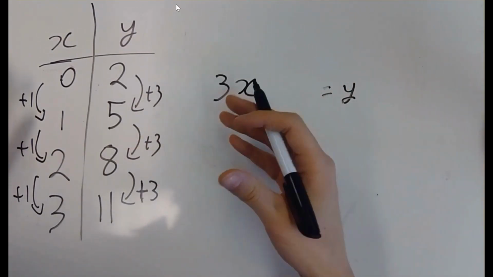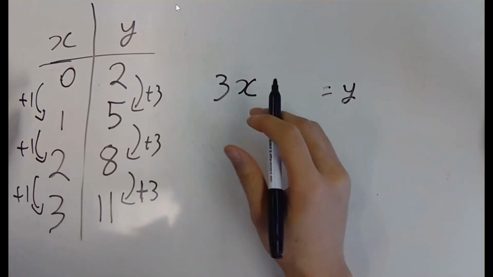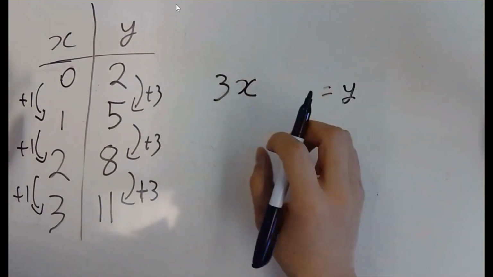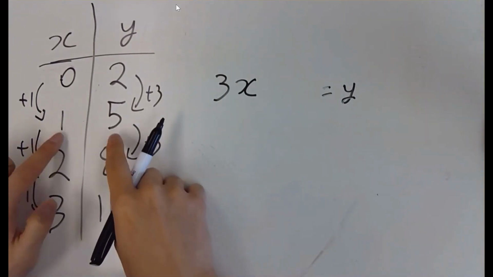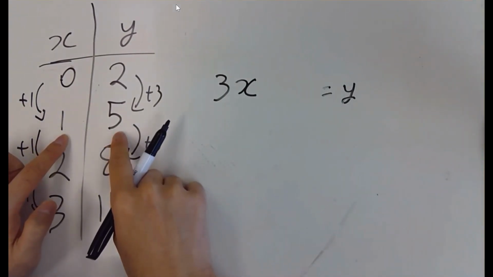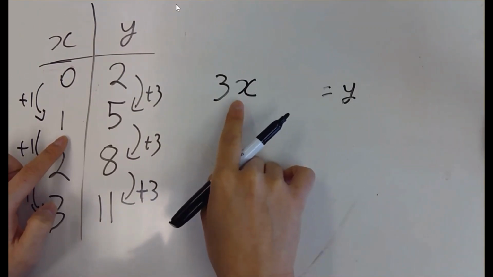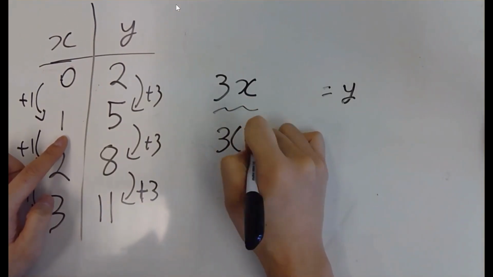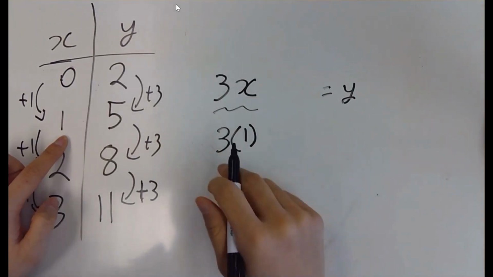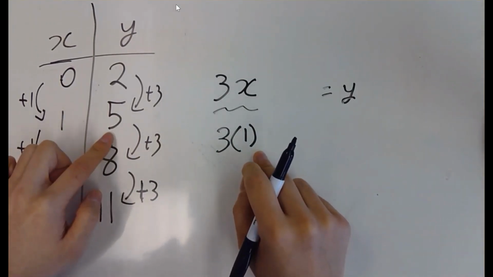Now we know that 3 times x is one part of the equation. If I try to plug it in over here, for example, when x is equal to 1, then I have to do 3 times 1. But the thing is, 3 times 1 is not exactly 5.